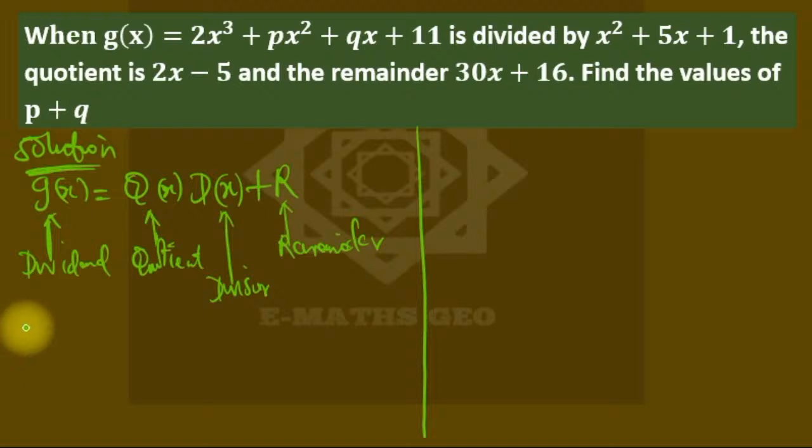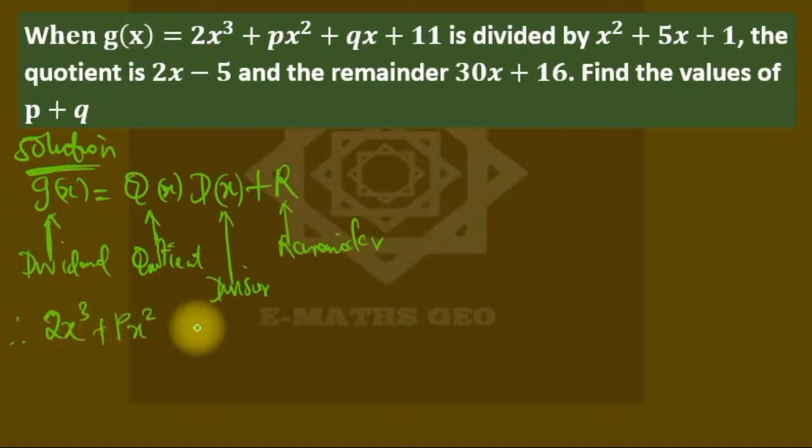They gave us two, so let me just remove this. Therefore we'll have 2x cubed plus px squared plus qx plus 11 must be equal to, what's the quotient? x squared plus 5x plus 1 times 2x minus 5.